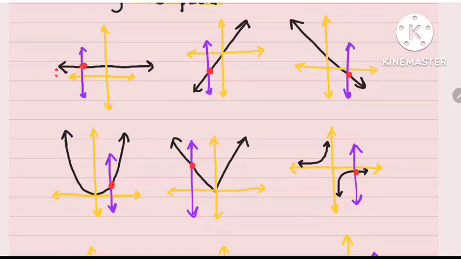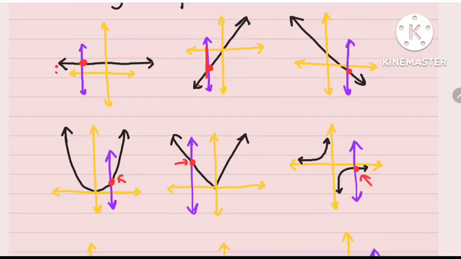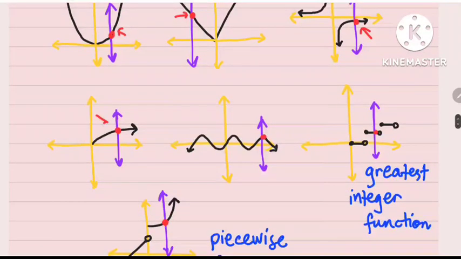So just 1 point. Also here, in our identity function, if I draw this vertical line, they will meet at just 1 point. 1 point, 1 point, 1 point, all at 1 point. So these were the 7 that I've shown you earlier.